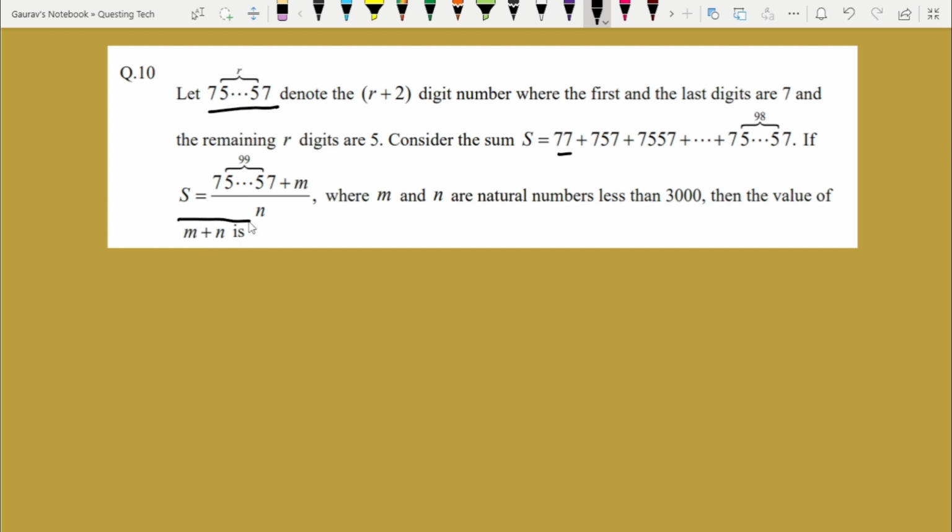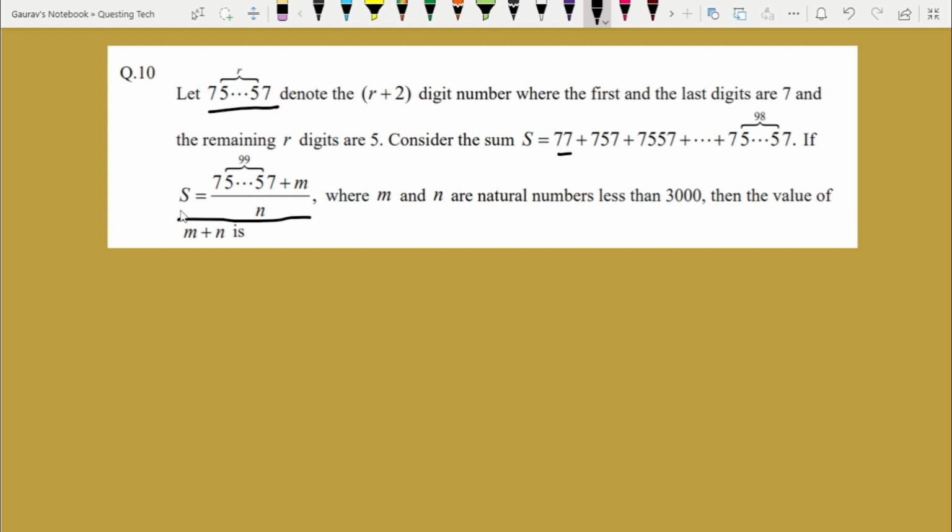Here we get the sum equal to some number plus m divided by n. So we cannot find the sum of this series by brute force or hit and trial, because this number is quite big.